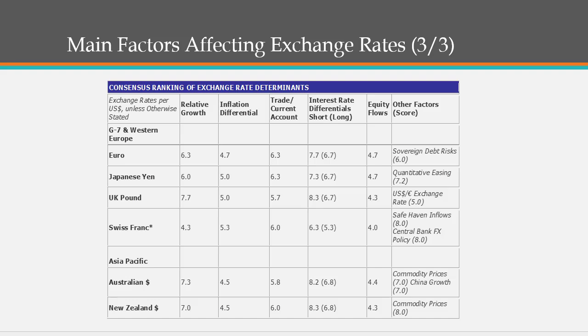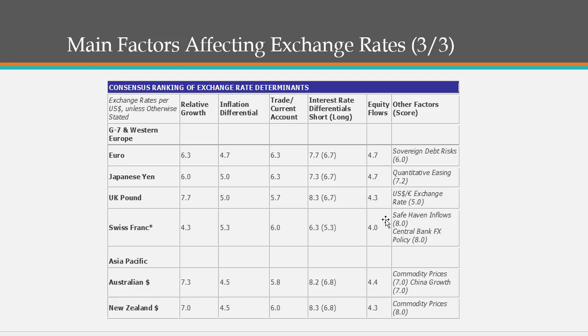So from 1 to 10, what about the Eurozone? You see, the most important factor when it comes to the Eurozone is the interest rate. Interest rate decisions matter the most when it comes to the Eurozone. When it comes to equity flows, that is the stock market, it is not as important as some other areas.